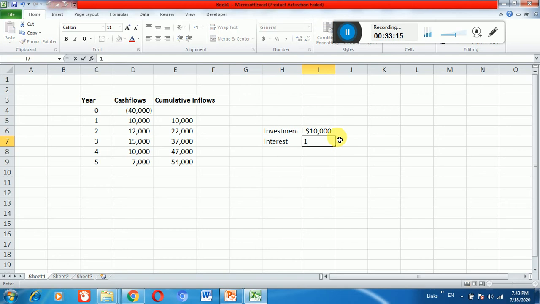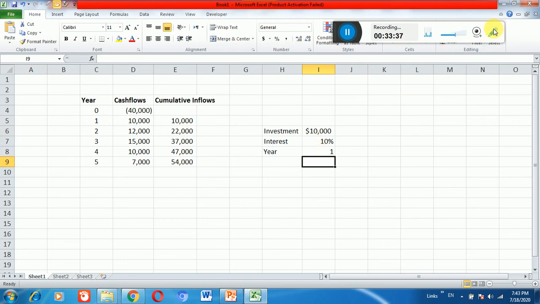That is 10%. So the period is 1 year. It means you want to invest $10,000 in a project, and that can be anything, or it can be a bank. You make a deposit in a bank at 10%, and after 1 year you get 10%.